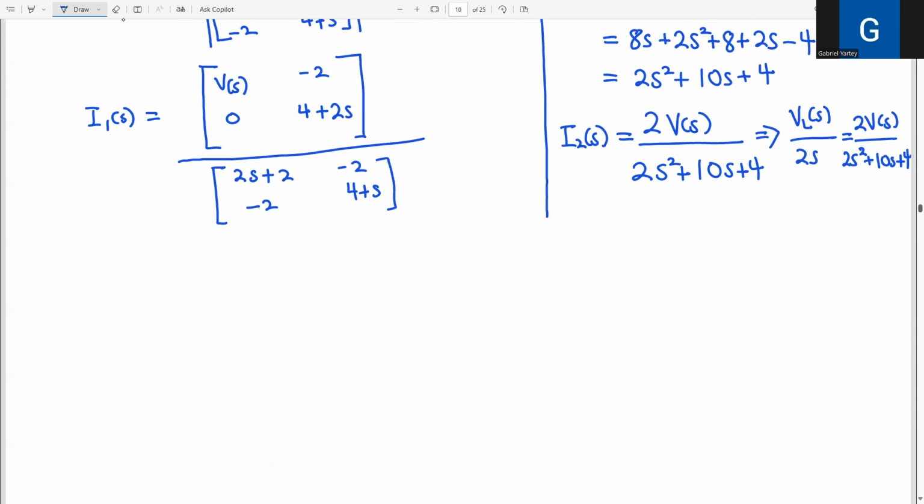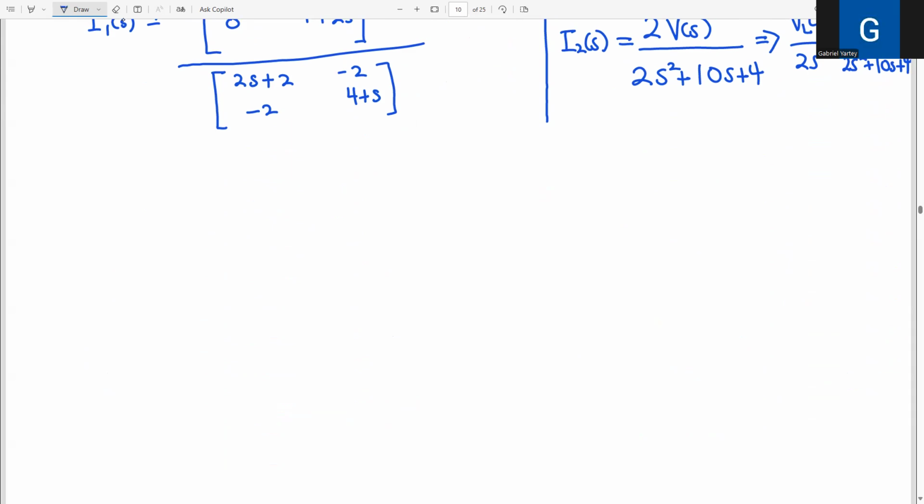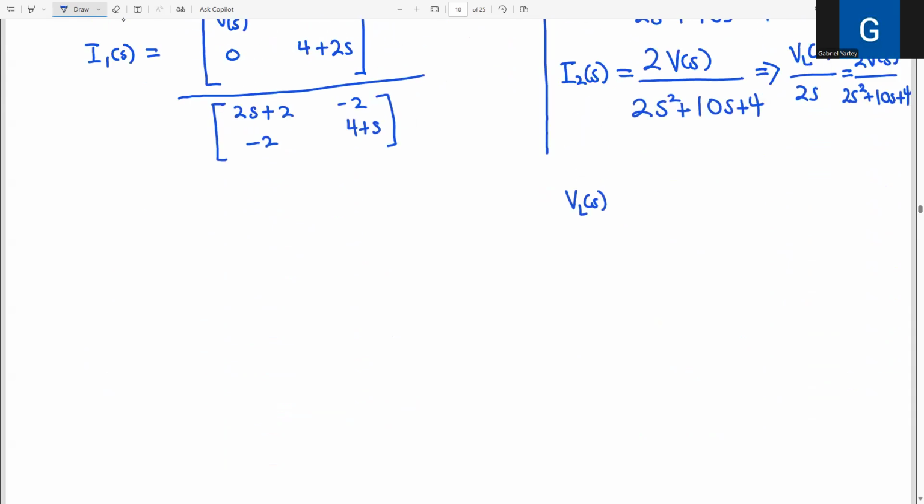So the transfer function therefore becomes VL of S. Let me put this down. When you do your substitution, you see that VL of S is equal to 2 times 2S all over 2S squared plus 10S plus 4.